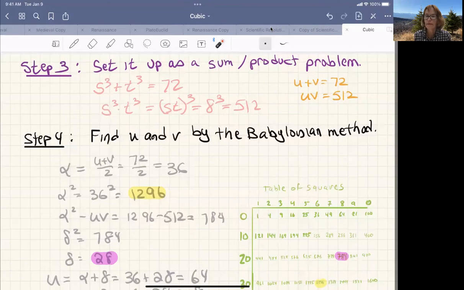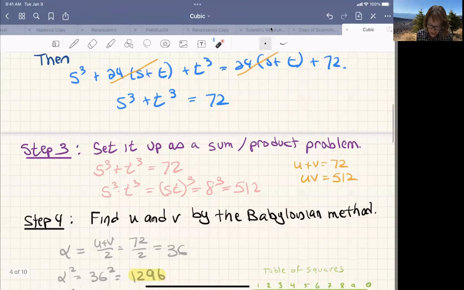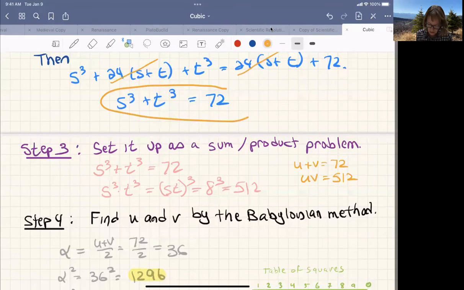The next step is, let's set this up as a sum and product problem. So remember, we just had s cubed plus t cubed is 72. So that's what I wrote down here. But what is s cubed times t cubed?